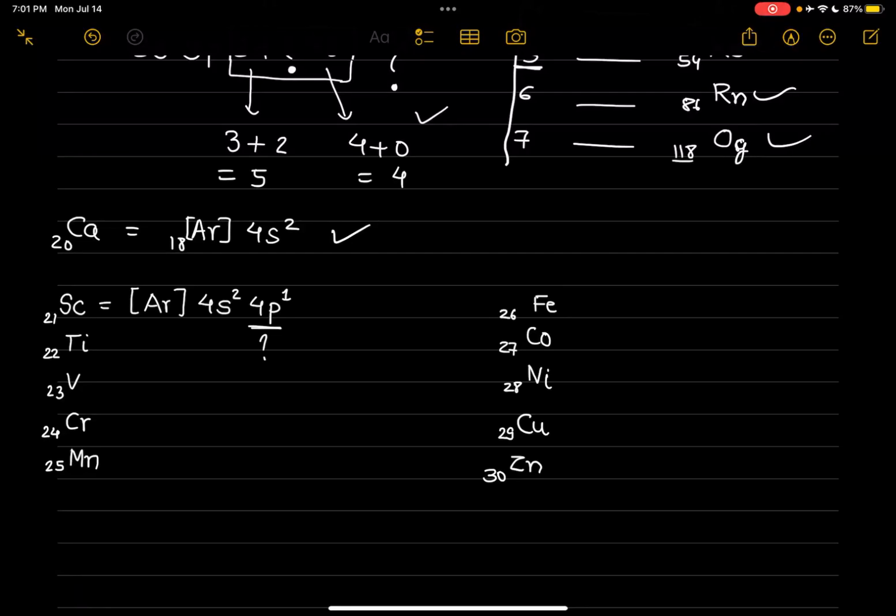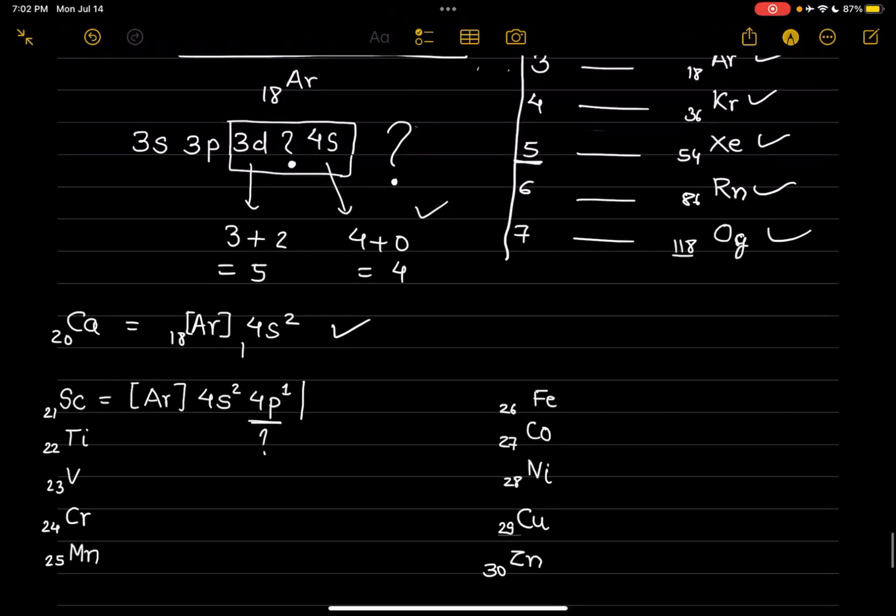4s, 4p. And remember, we skipped some subshells in calcium. What will happen to those subshells? What was the subshell which was skipped in calcium? We skipped 3d. Should we fill them here?